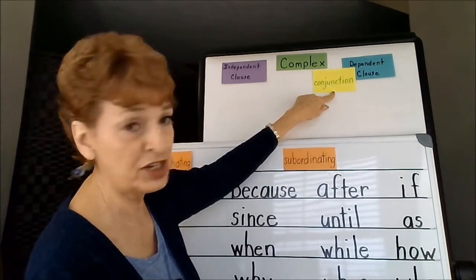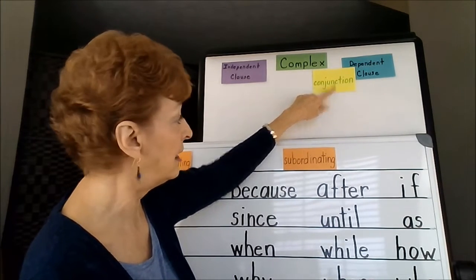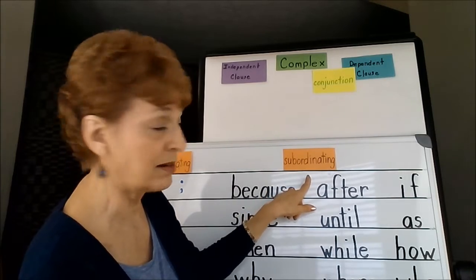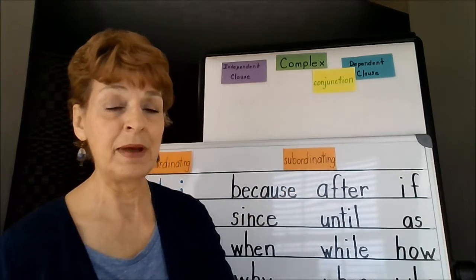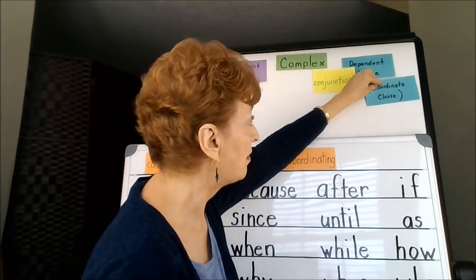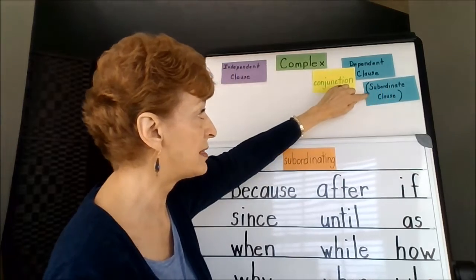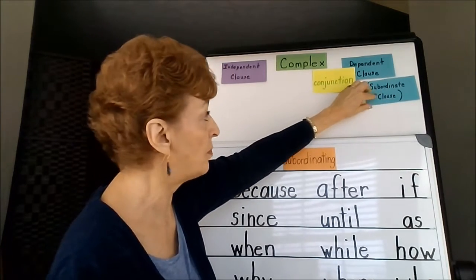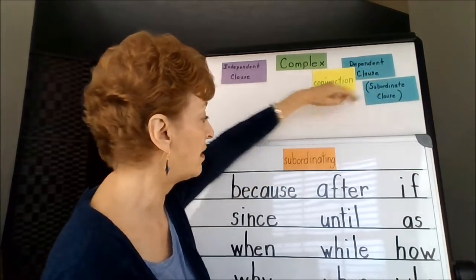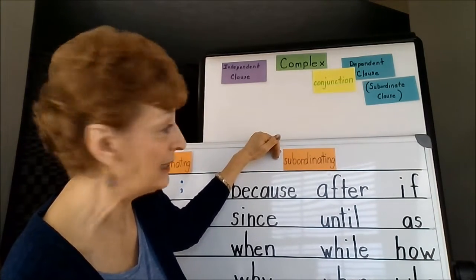The special conjunctions that are used for joining the dependent clause in a complex sentence are called subordinating. And remember, we often called the dependent clause, it was interchangeable with the term subordinate clause. So a subordinate clause or a dependent clause uses a subordinating conjunction in order to begin it.